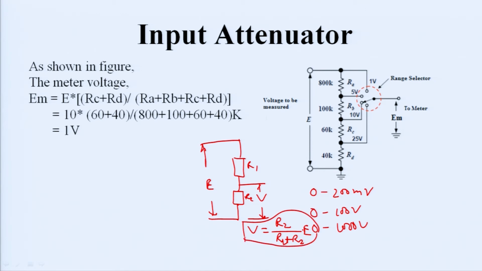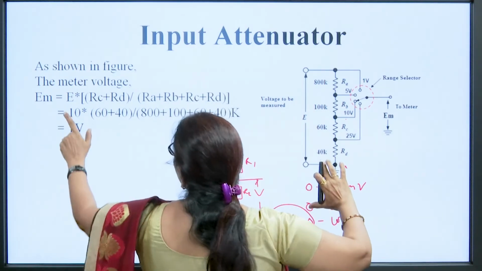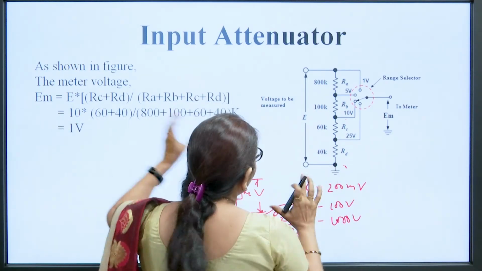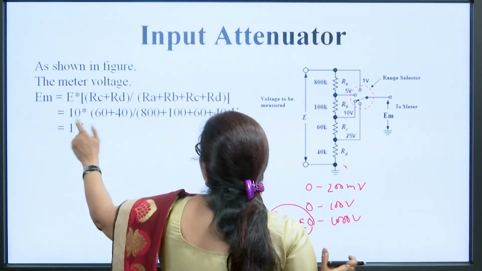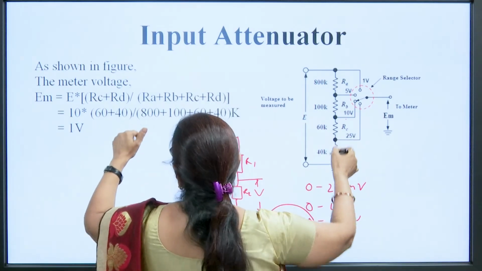So, here when the selector switch is placed at this position, what will happen? We want to see the voltage across these two resistances, 60 kilo ohm and 40 kilo ohm. So, the voltage across this meter will be RC plus RD, these two resistances, divided by the total resistance.